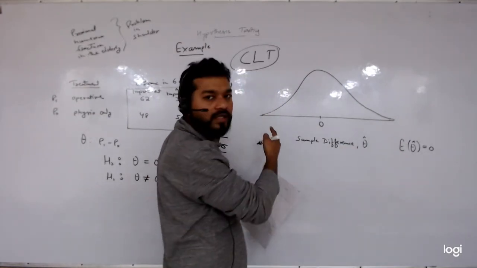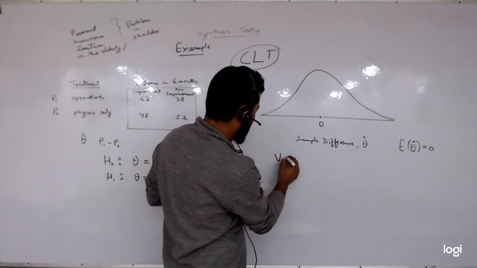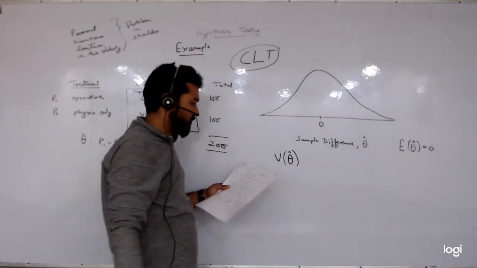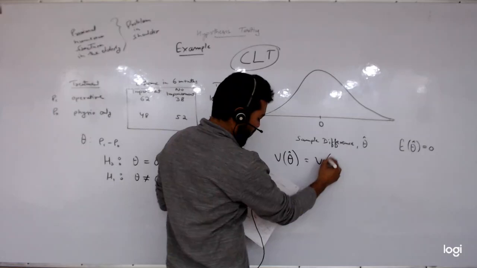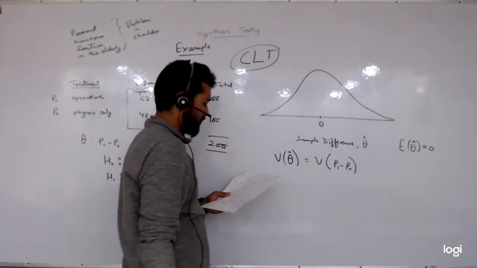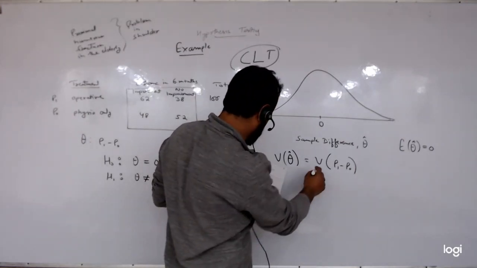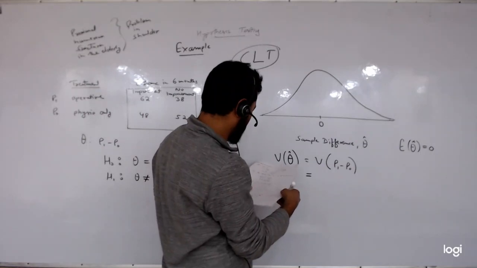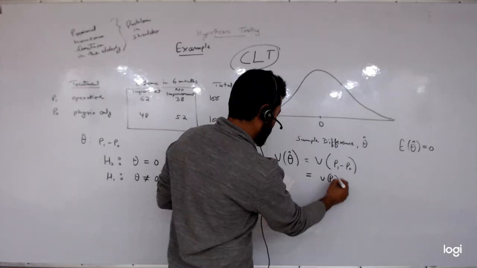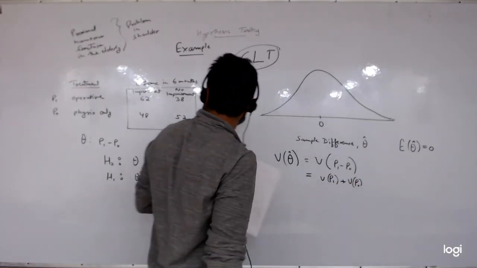Now we also need variance for this. How do we get variance for this? Variance of this statistic would be the variance of the two proportions, and we're assuming that the two are uncorrelated.